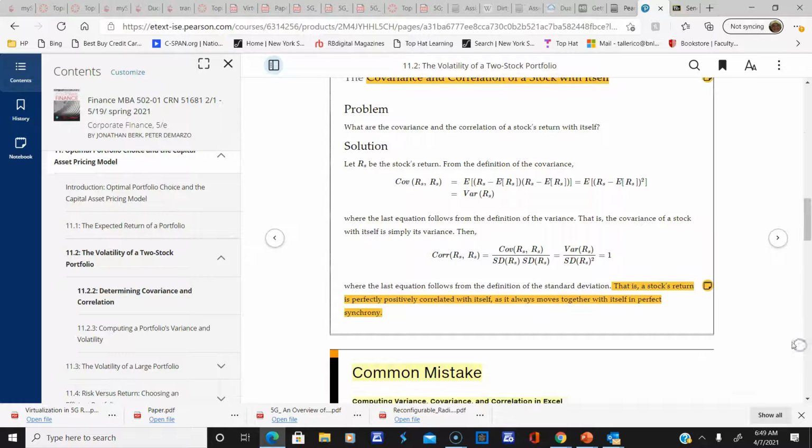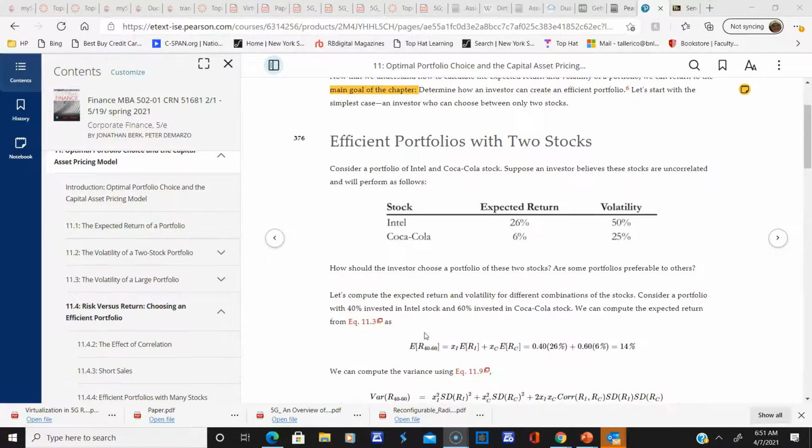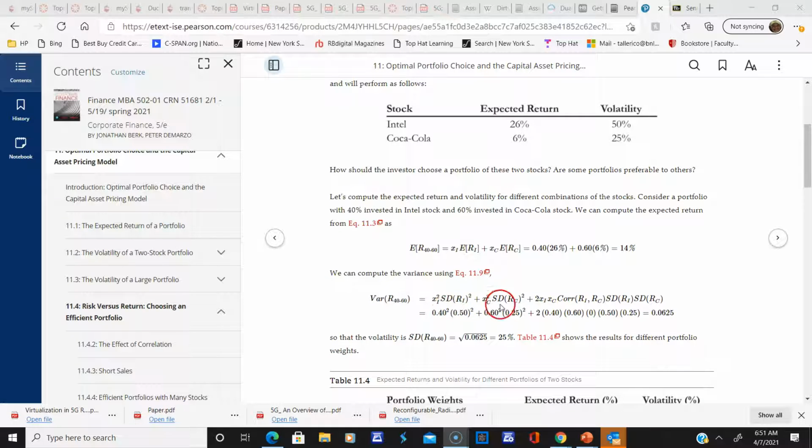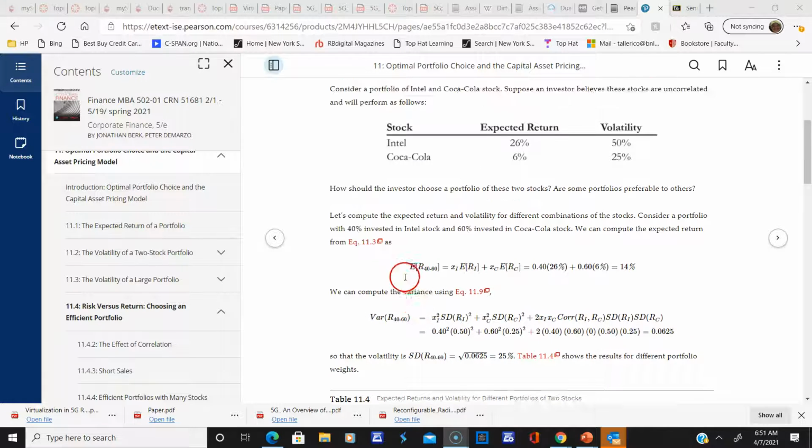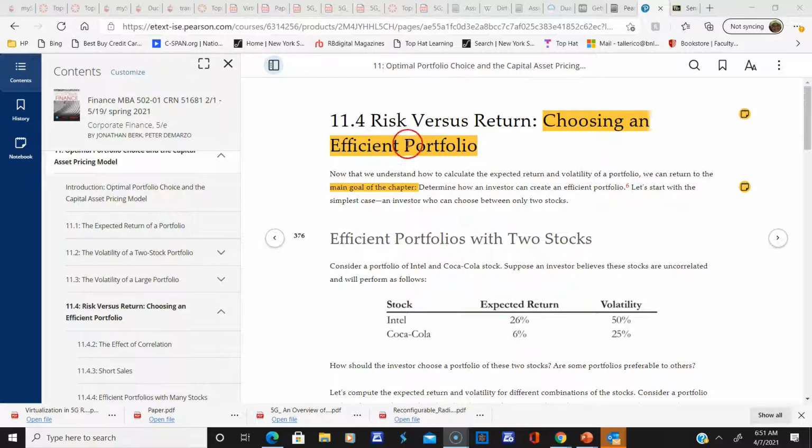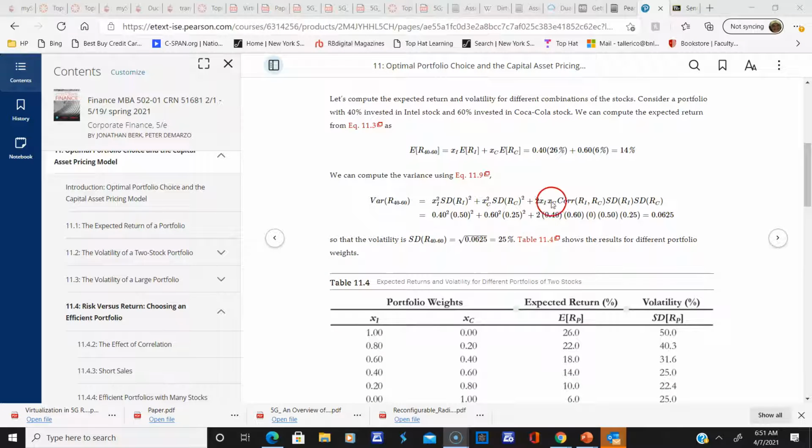So let's go back to that example. Here's where we were, and we had to calculate the correlation, which is what we did using, I think, equation 11.6, and that gave us the variance.